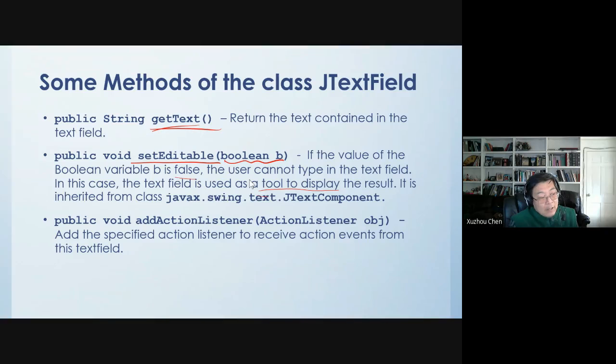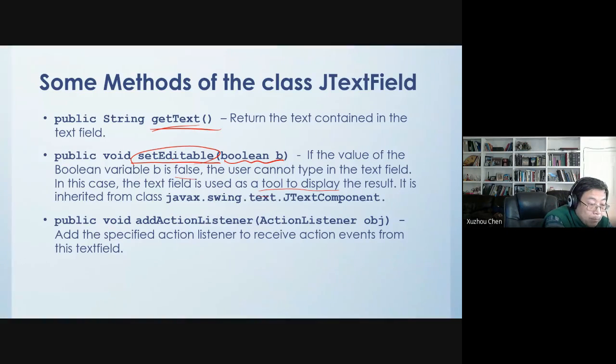If you create the text field and then set editable to false in the argument, then this is almost like a label, right? You treat this text field as a label, just to display the result. But it's not a label. A label you have to initially set, and you're never going to be able to change it. But this, you're only going to display the result. You don't want other people to override the result. Then use this method.